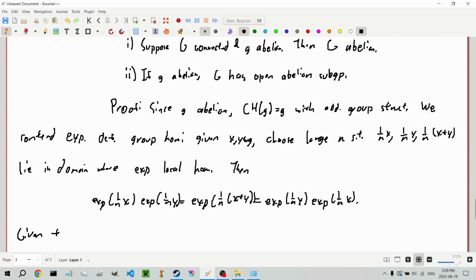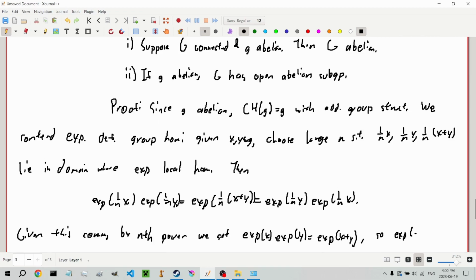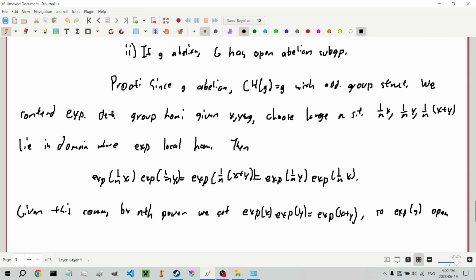So given this commutativity, by taking the nth power, we get that the exponential of x times the exponential of y is the exponential of x plus y, so that the exponential of g is an open abelian subgroup of G, and hence is G since G is connected.